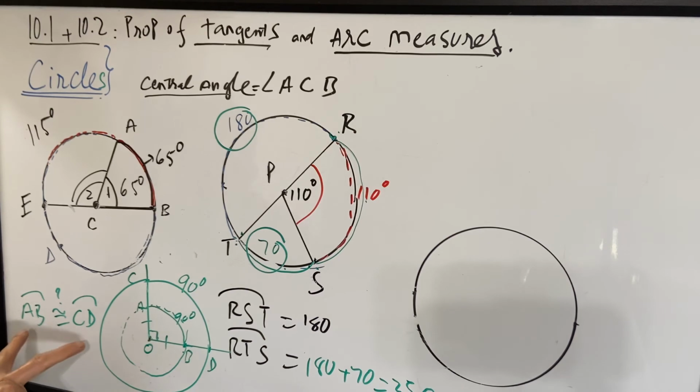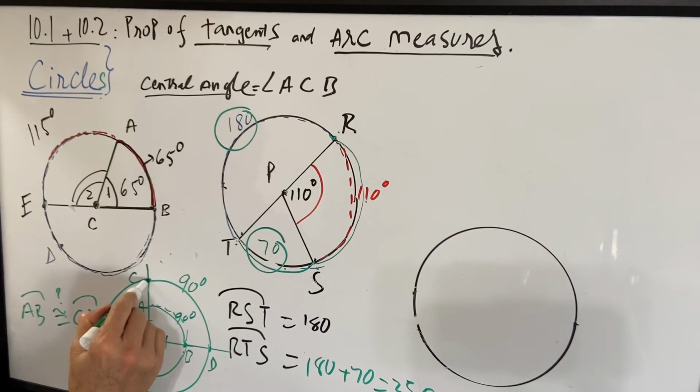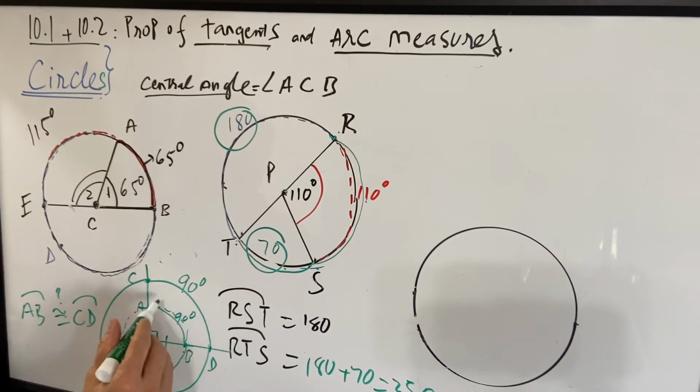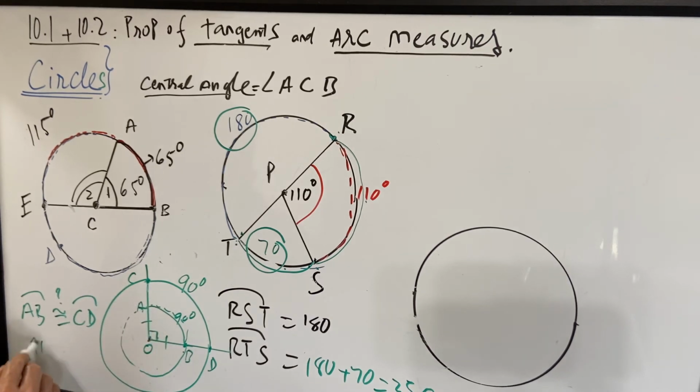But for two arcs to be congruent, they must have two things: the same degree, and the same length that makes up the arc. If I make it a straight line, is AB congruent to CD? Oh no.